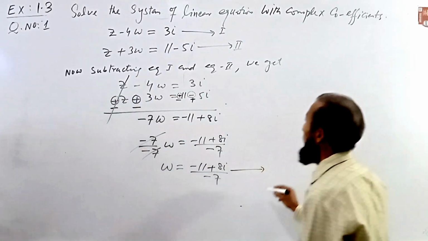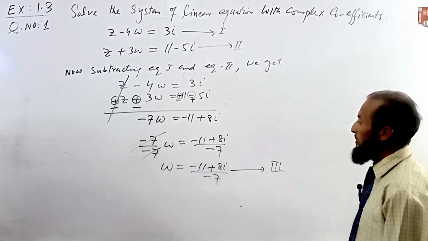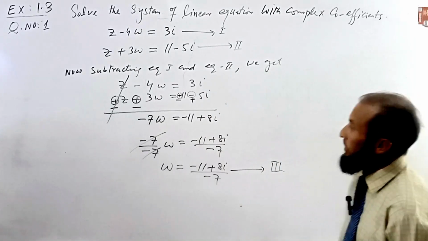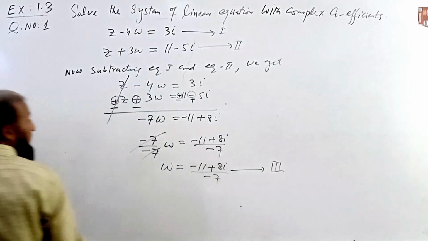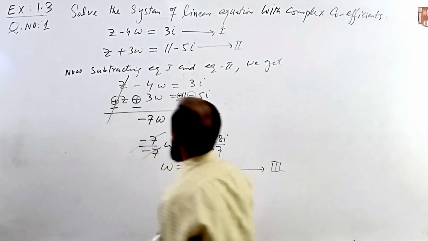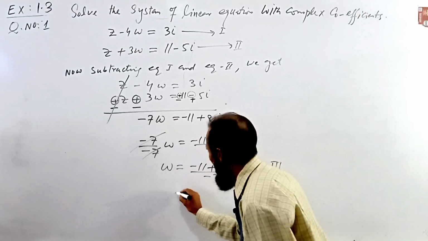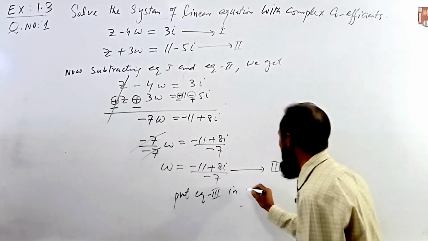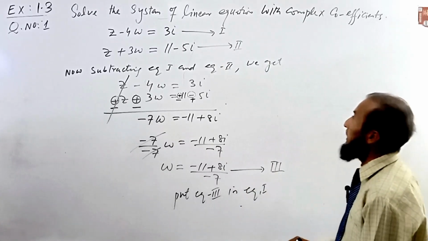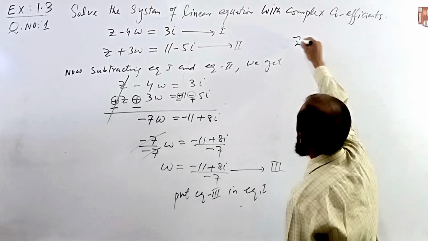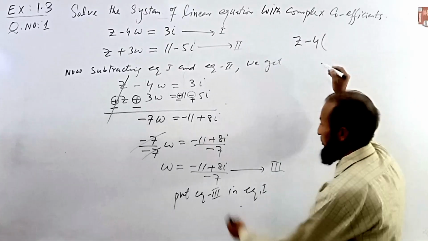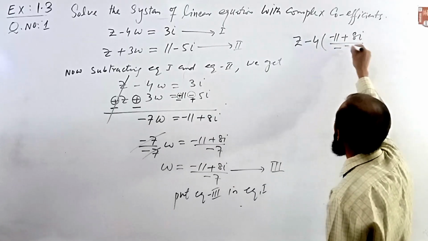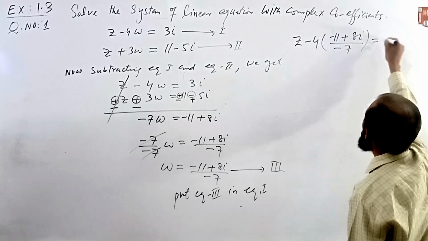We give this the third equation. If we put the third equation in any equation, we will get the z value. Look here, if we put it in the first equation, putting equation number third into first, we will get z minus 4 into minus 11 plus 8 iota divided by minus 7 is equal to 3 iota.